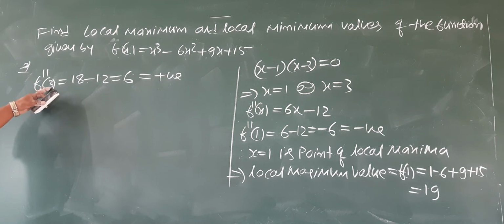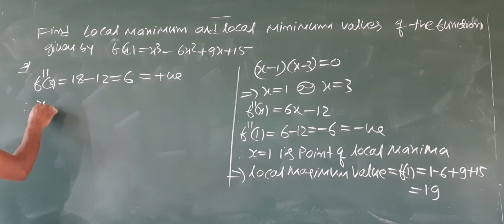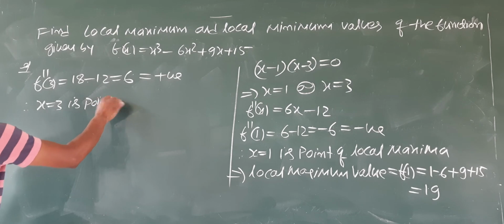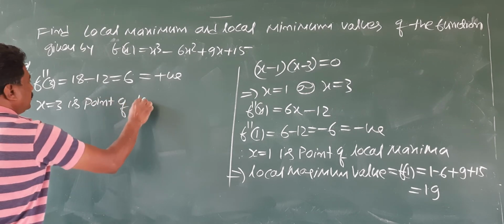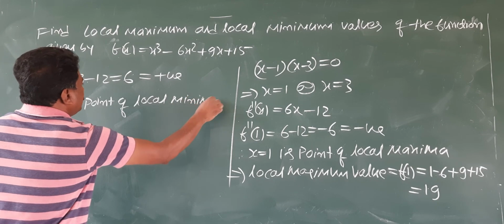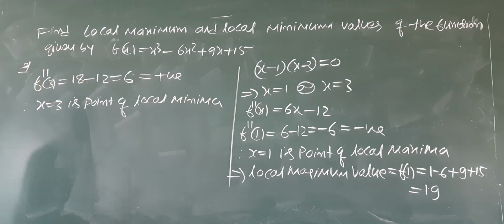Then what is this x value called? Point of local minima. Therefore, x equals 3 is a point of local minima.